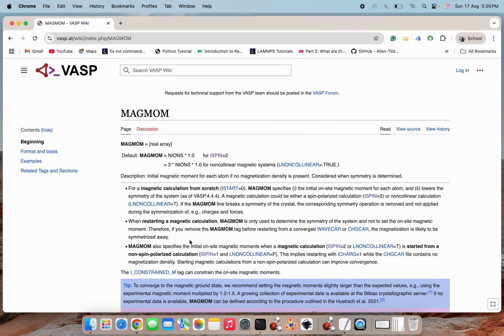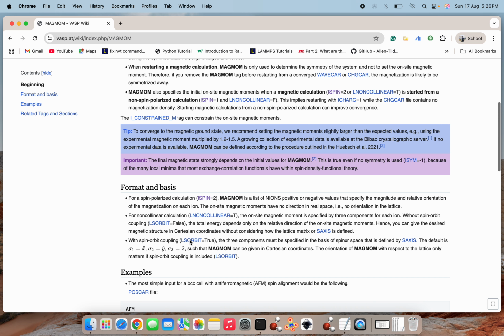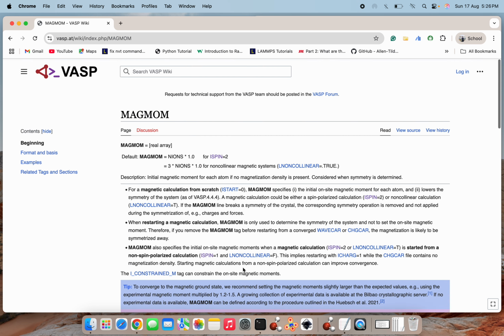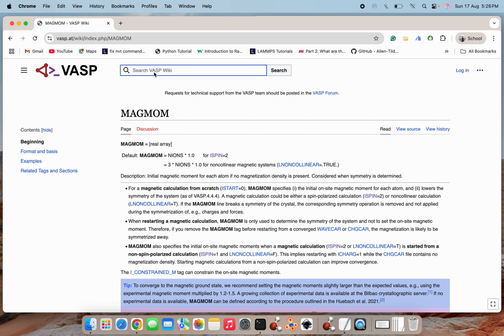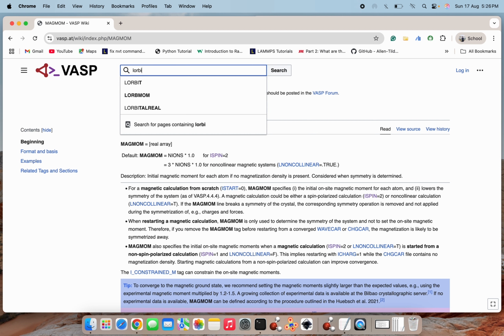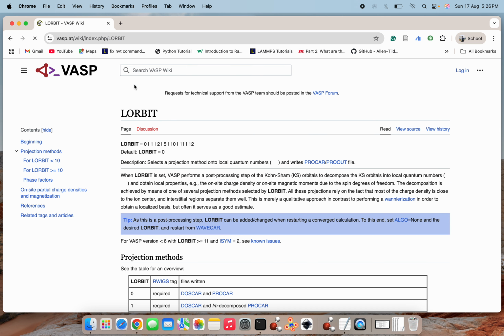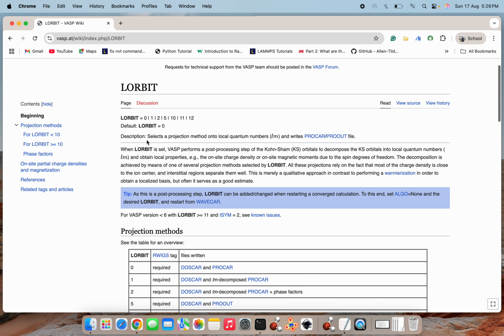Okay, next LORBIT, I can search over here. So what that value will do, I will show here. This LORBIT selects a projection method onto the local quantum numbers L and M and writes it in the PROCAR or PROOUT.